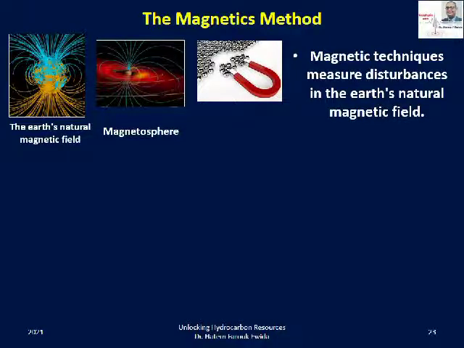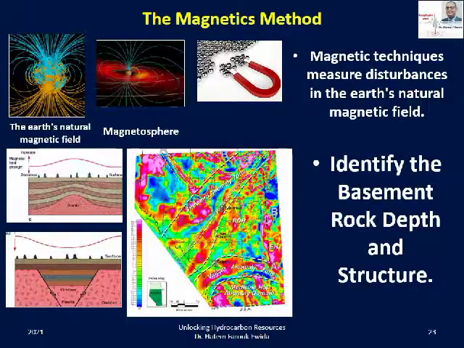But if these basement rocks are very shallow, there is no chance to have a basin with thick sedimentary rocks. You got the idea? So I use the magnetic method to know where the basement rock is, its depth and its structure.